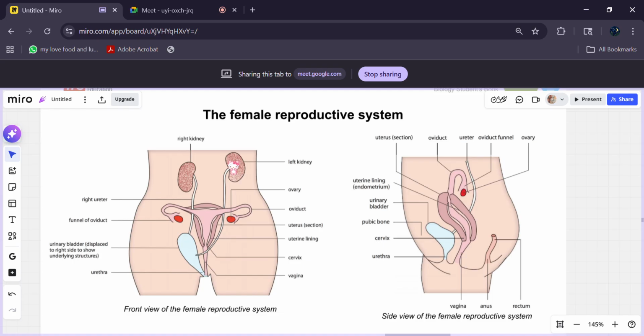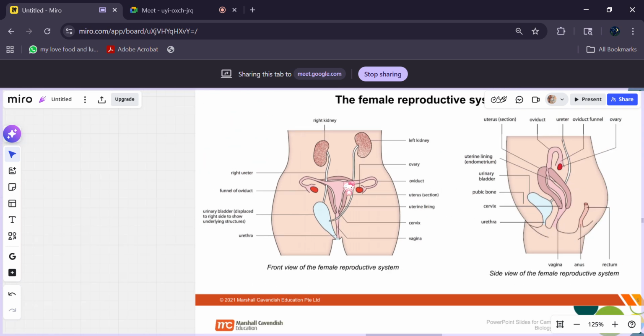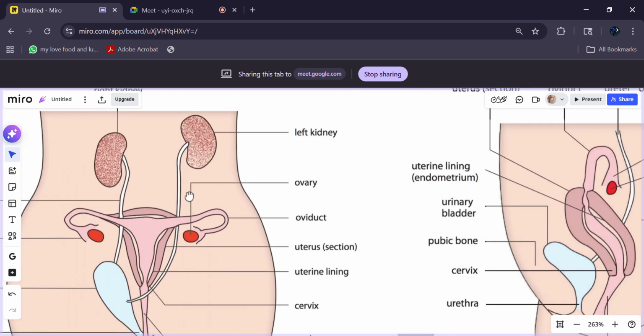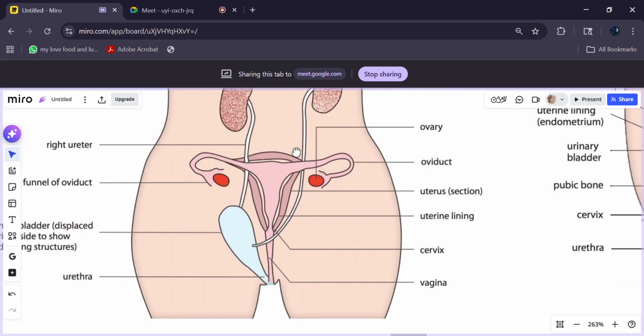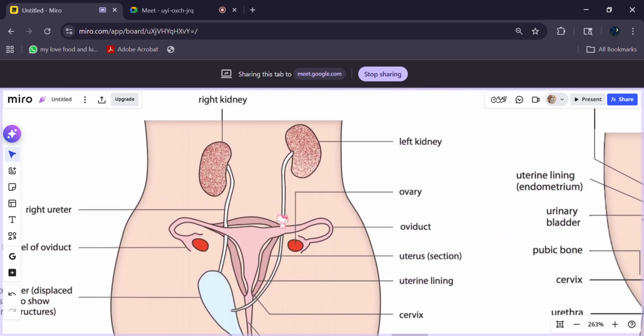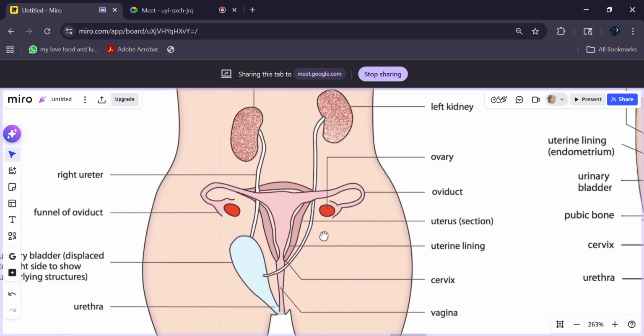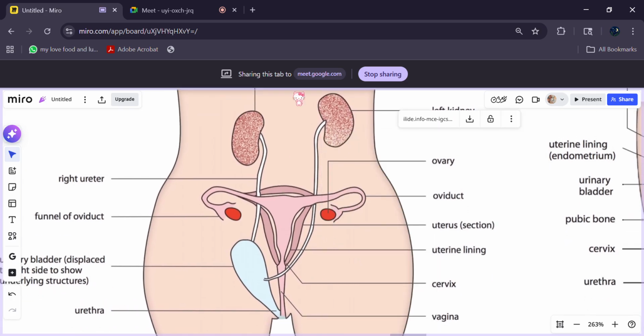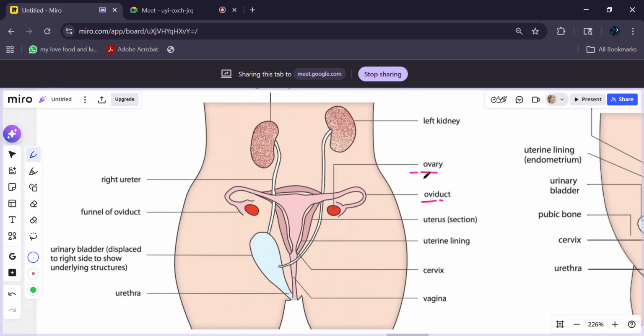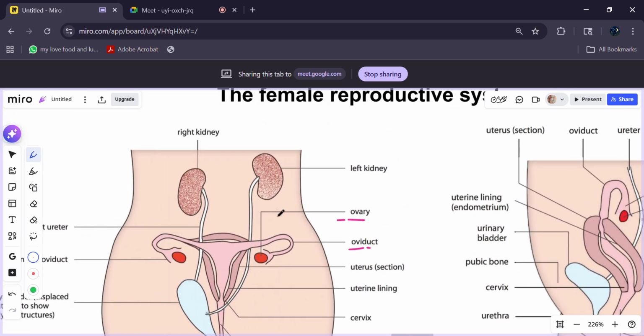Just like the male reproductive system, the female reproductive system is very closely associated with the urinary system, but it's quite different compared to the male reproductive system, because just like the plant reproductive system, a female also contains an ovary and an oviduct. This allows the female reproductive system to create eggs.